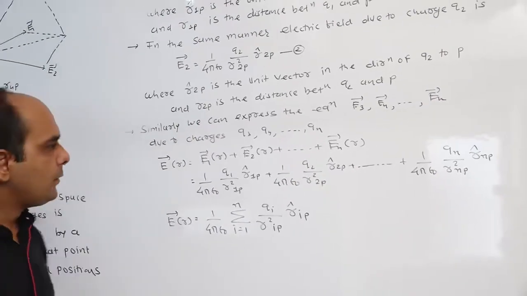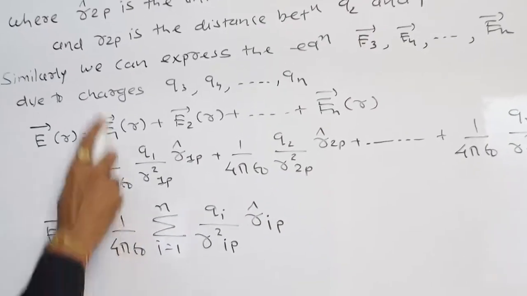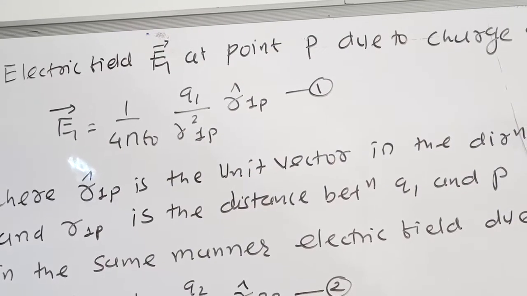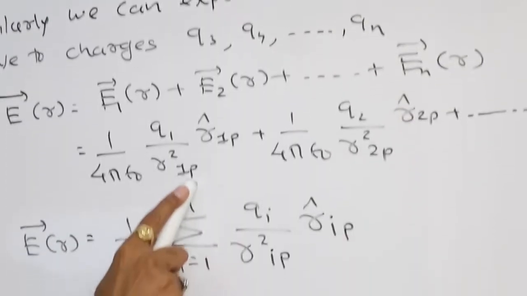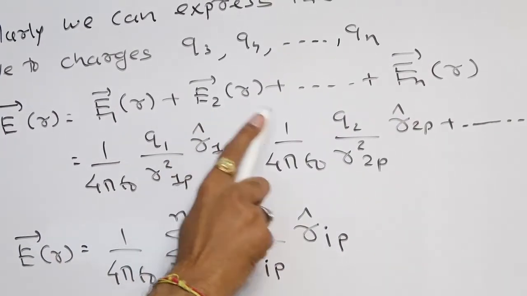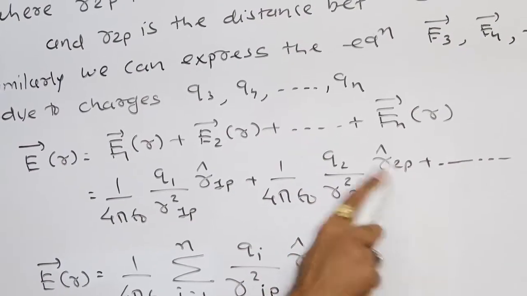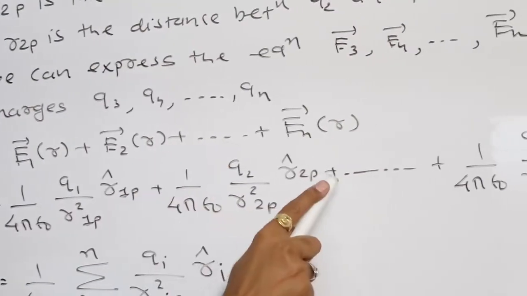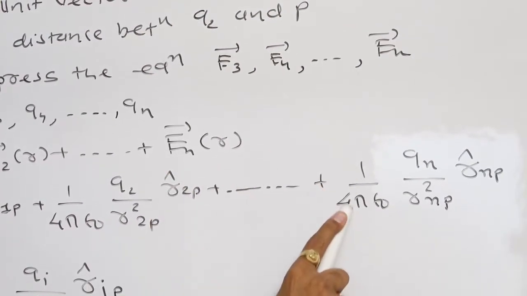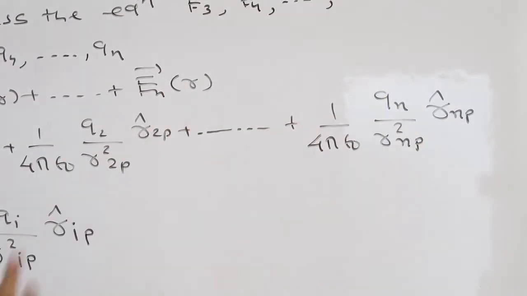Now write the equations of E1, E2 and En from equation number 1: 1 upon 4 pi epsilon 0 Q1 upon R square 1P R cap 1P, plus for E2, 1 upon 4 pi epsilon 0 Q2 upon R square 2P R cap 2P, plus and so on, and again plus for En, 1 upon 4 pi epsilon 0 Qn upon R square NP R cap NP.